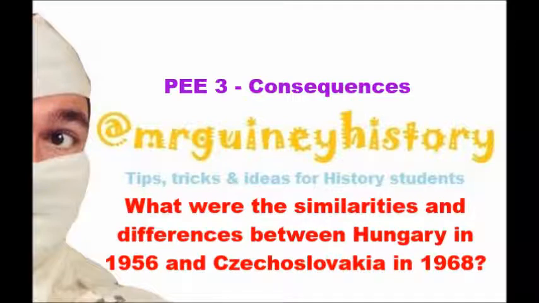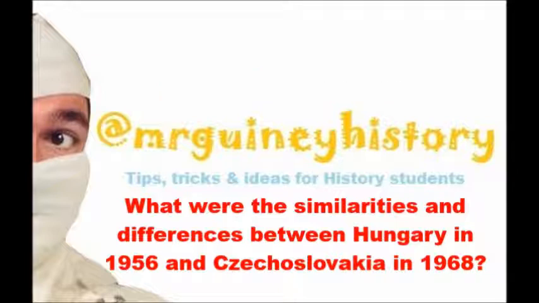Finally, point 3. The consequences could be said to be rather different. Evidence to support this includes events in Czechoslovakia led to what was known as the Brezhnev Doctrine. This meant when a threat of revolution against communist rule occurred in one satellite state, it represented, quote, a concern for all socialist countries, unquote.